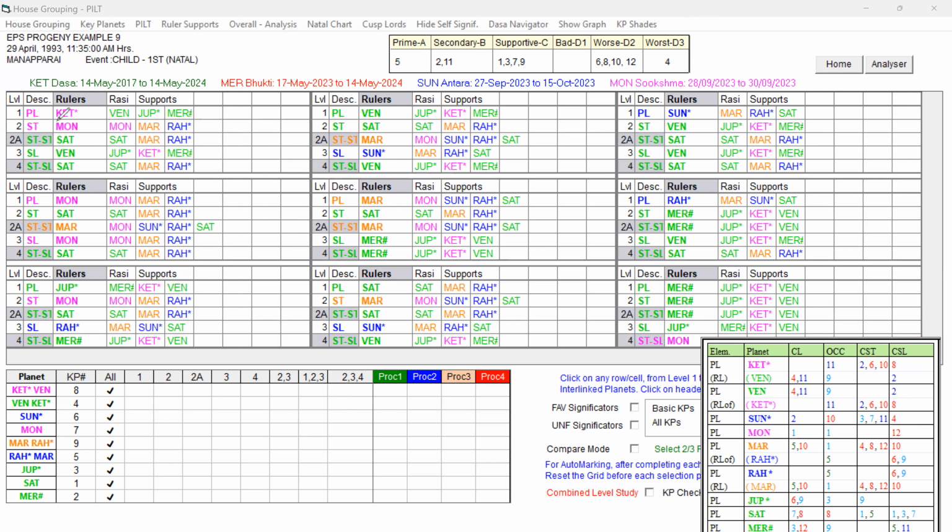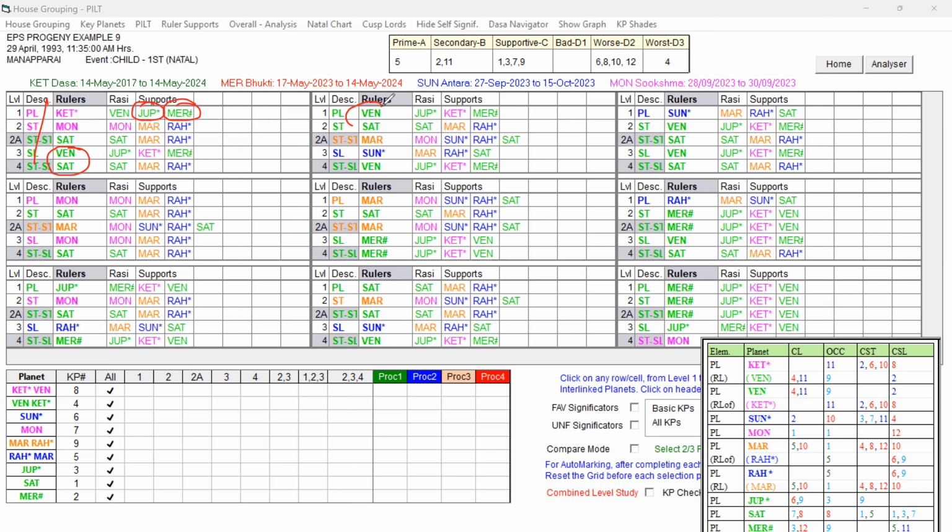So now Ketu Dasa, Venus Bhukti is coming. I told you Venus and Saturn are important, and importantly Mercury, the primary cuspal sublord, and Jupiter also we can take. So these four planets are important in the Bhukti Lord.